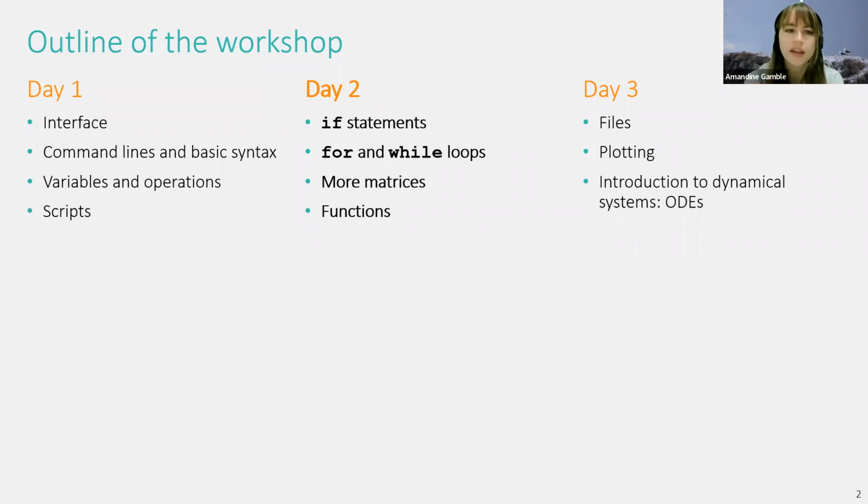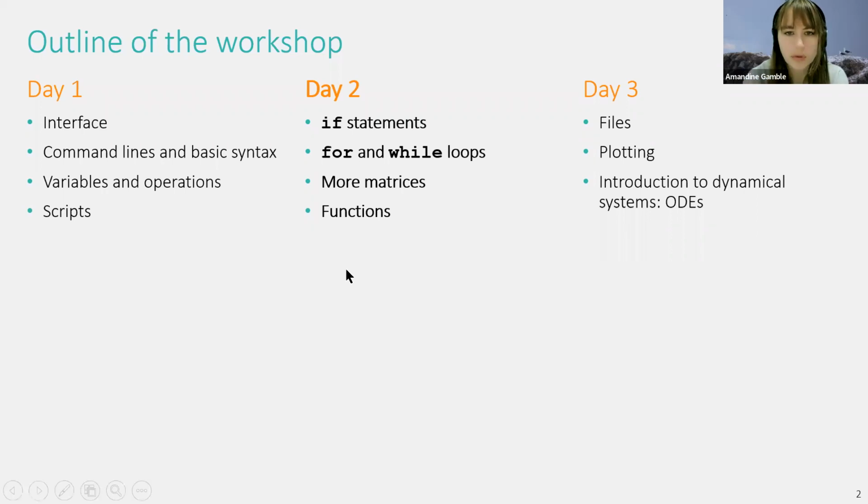We've seen the different types of variables, notably numbers and vectors, which are actually matrices, character strings, and the operations you can do with those different variables. And finally, we saw how to work in scripts instead of working in the command window.